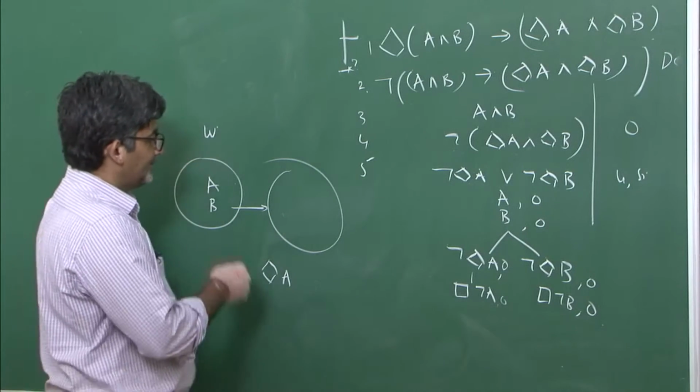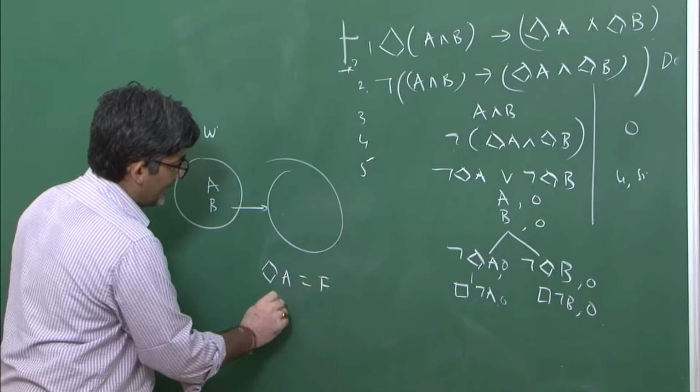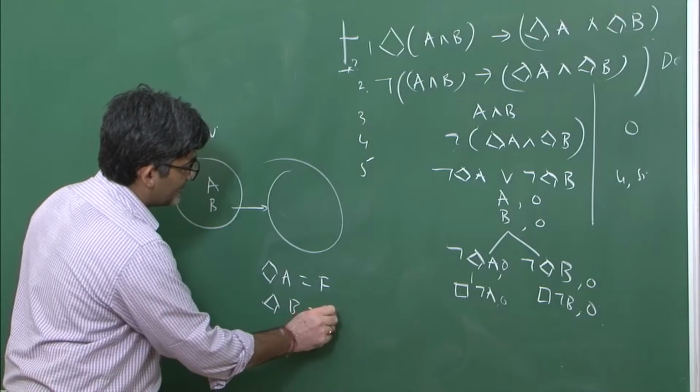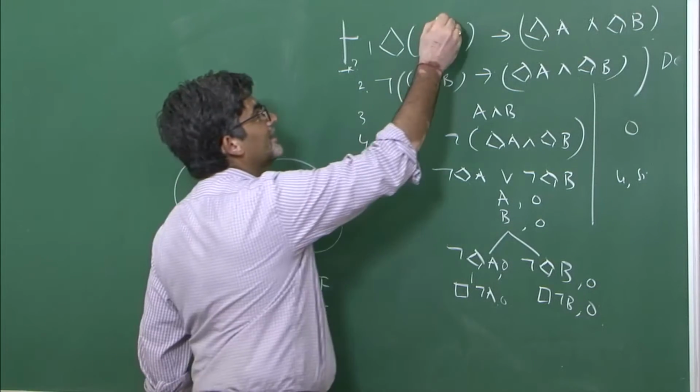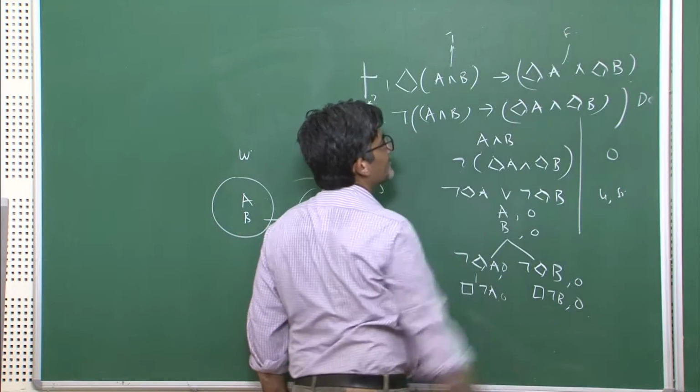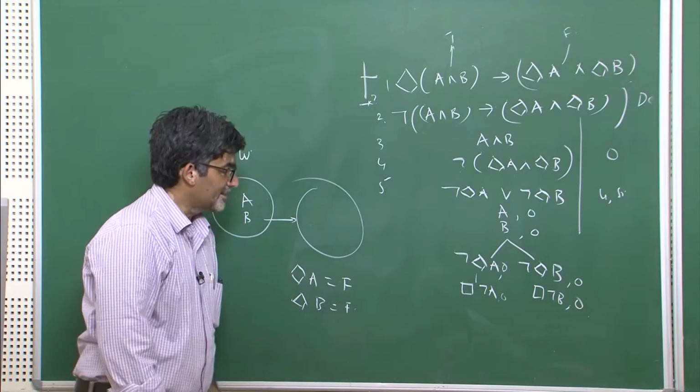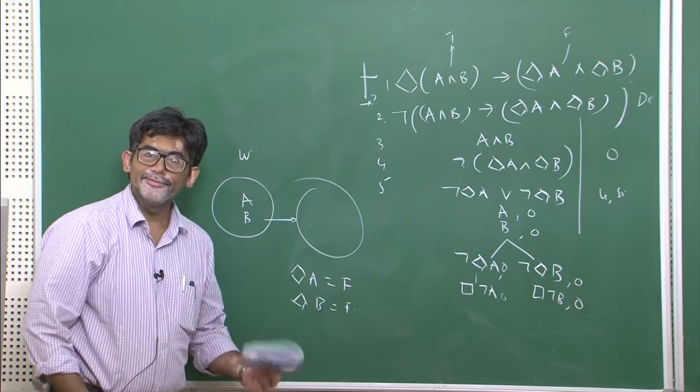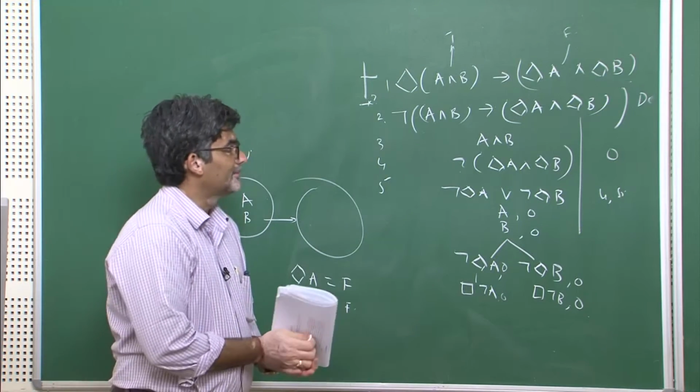So that is why this formula is going to be false, and even possibility of B is also going to be false. That makes this sentence true and this false. So we can construct a counterexample, especially when you are talking about system K.